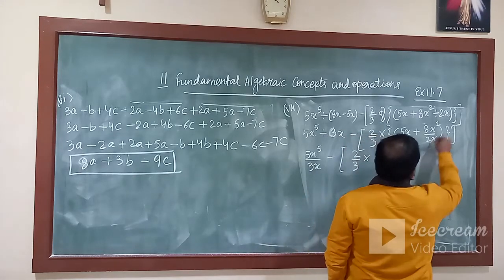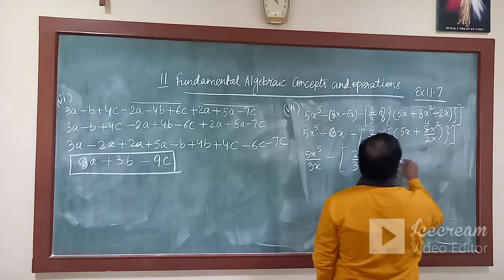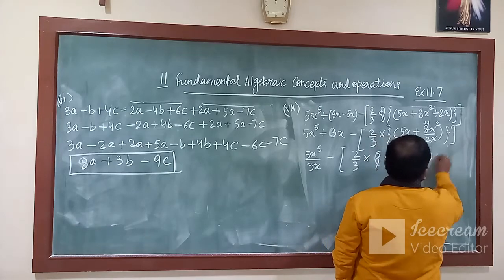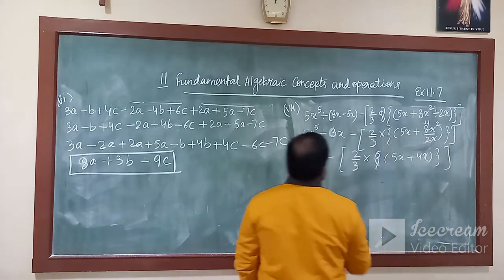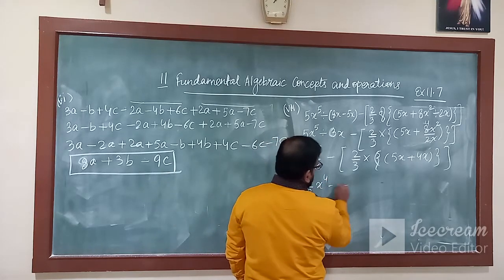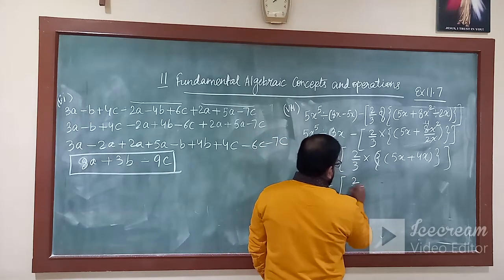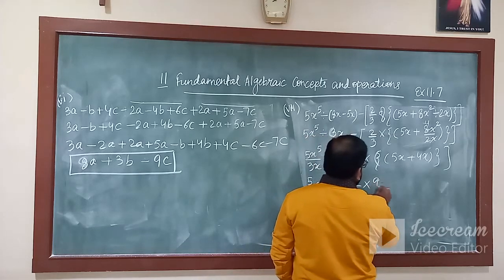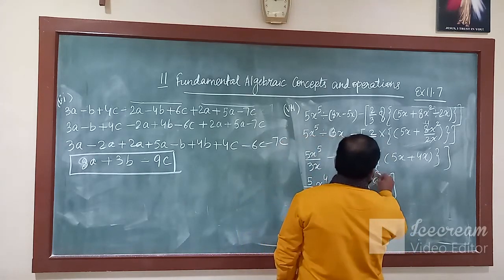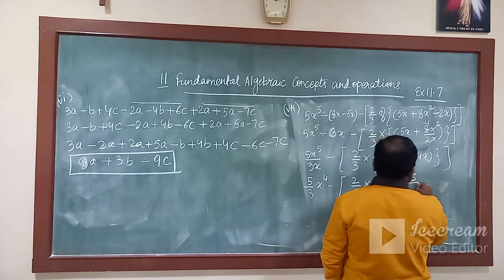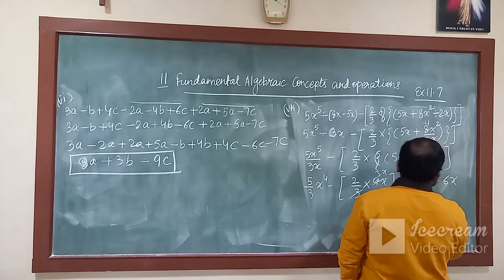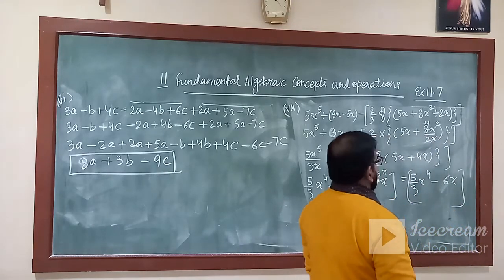We are left with 1x cancel, 2 into 4, so it is 5x plus 4x. So it is now 5 upon 3 x to the power 4 minus 2 upon 3 into 9x, this is 3x, so 5 upon 3 x to the power 4 minus 6x. So that will be our answer.